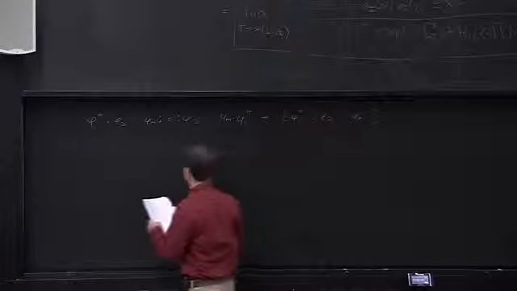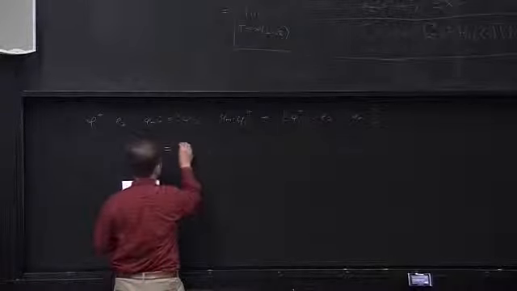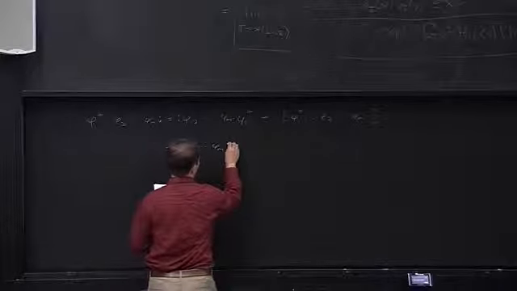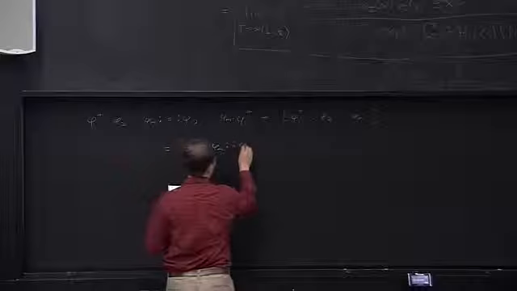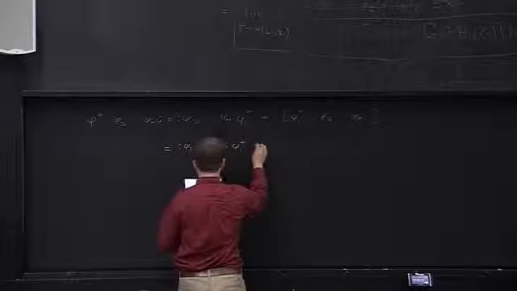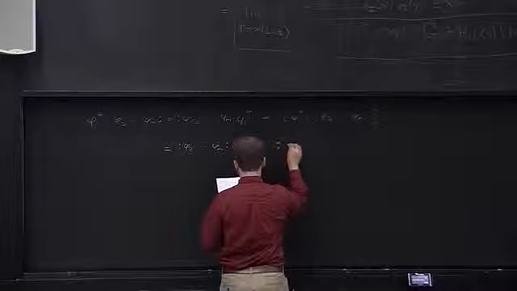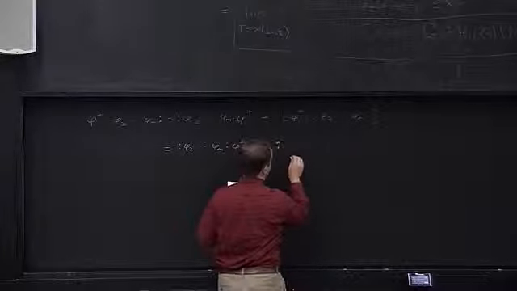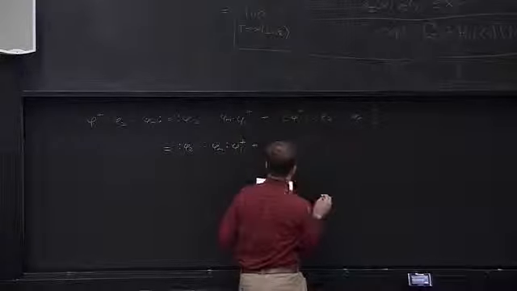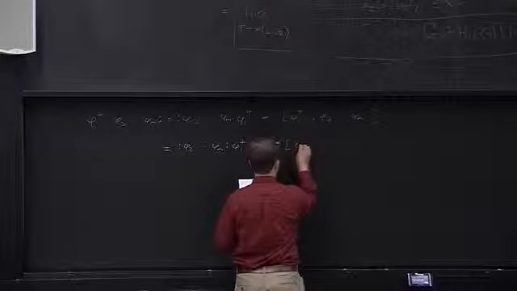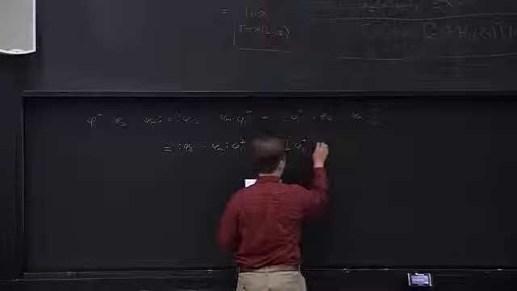which we can write as phi 2 through phi m, phi 1 plus, the normal ordering of the commutator phi 1 plus, phi 2 minus.